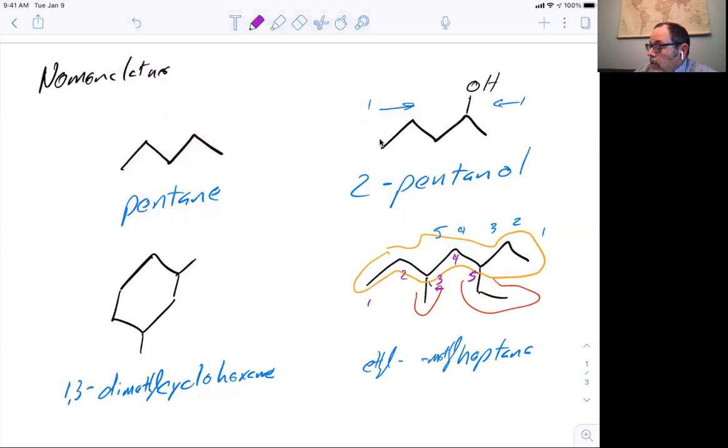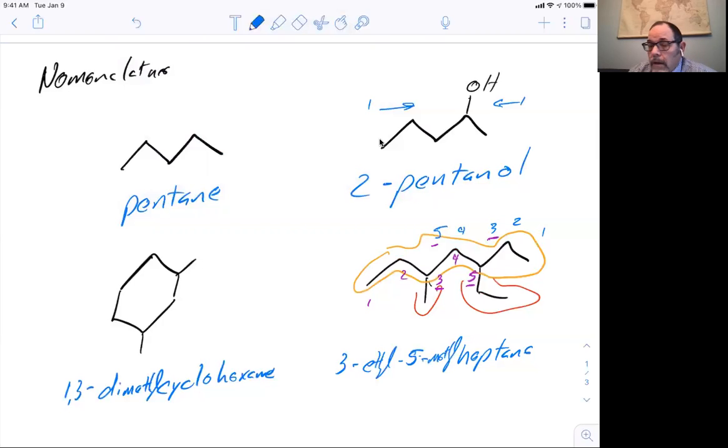So we're looking at 3, 5 either way. What takes precedence here? It's alphabetic. It's not the size, it's the alphabet. E comes before M, so the ethyl gets the 3 and the 5 goes with the methyl.